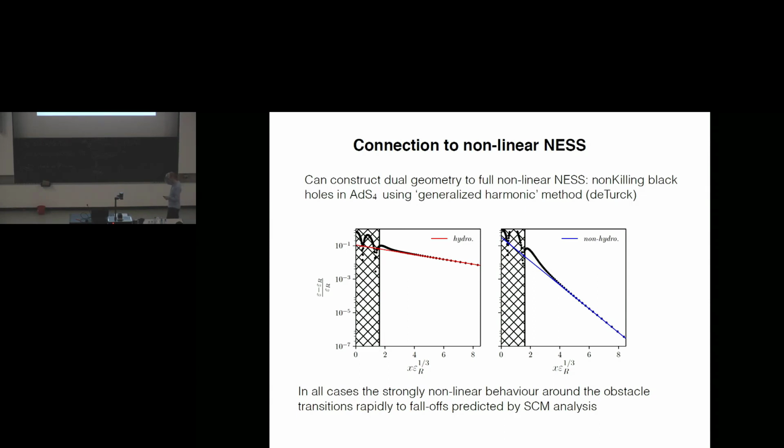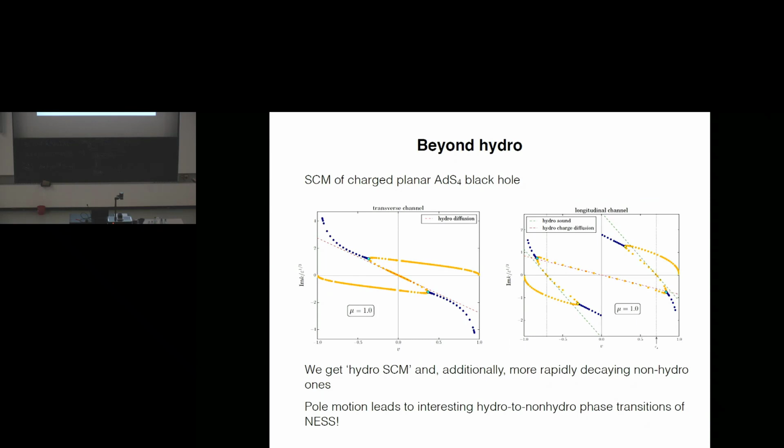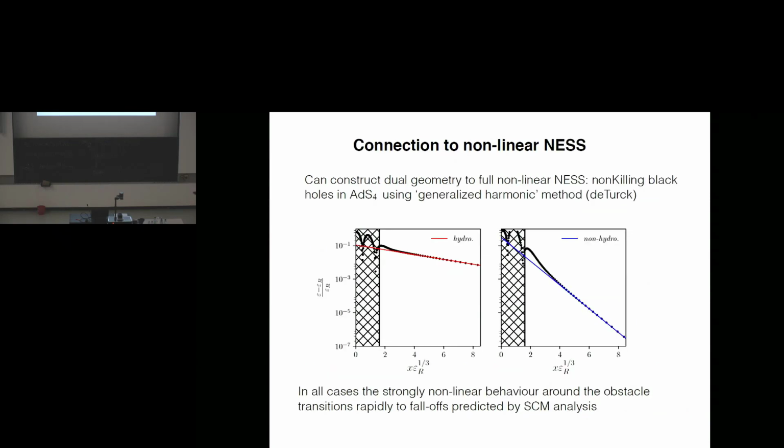This is a construction of these non-Killing black holes in AdS4. There's a new class of non-Killing black holes that we constructed using the so-called Einstein-DeTurck or generalized harmonic method. If you look at, for example, the behavior to the right of the obstacle, so this is space in some units, you find that the mode that you would guess from this spectrum, meaning the one imaginary part, fits very well the tail of this nonlinear solution.